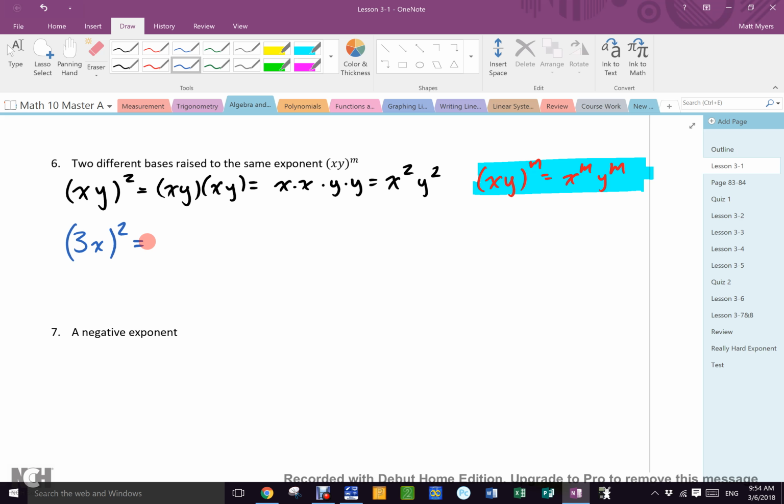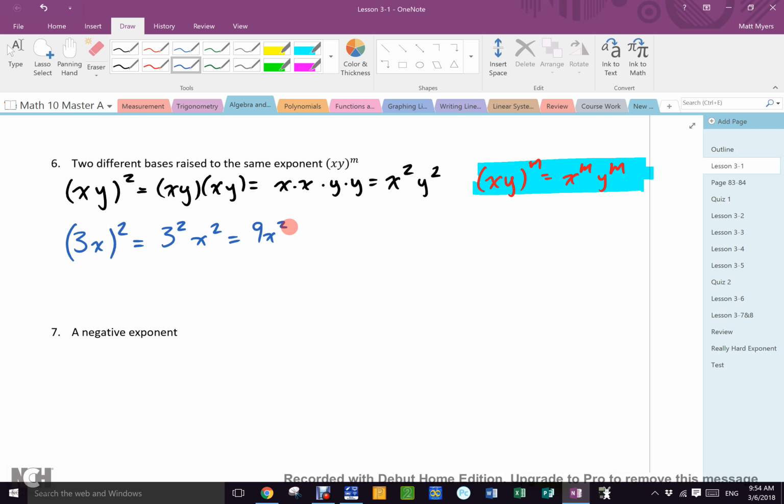Number 6, yes? So what happens here? Both parts of the base get the exponent. So what does 3 become? 3 squared. And what does x become? x squared. And we would never leave 3 squared because we can evaluate that. 9x squared. Everybody good?